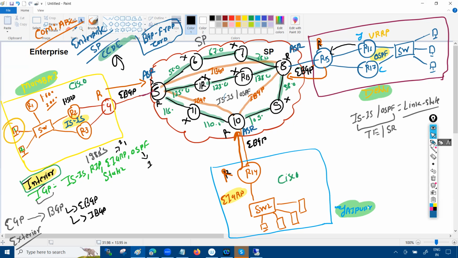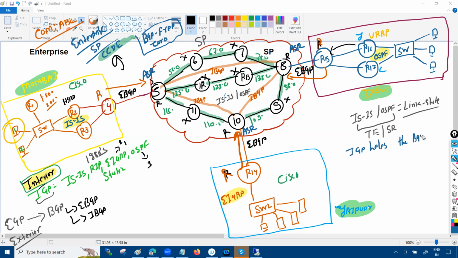Try to understand one thing over there. IGP helps the BGP protocol to provide reachability of the next hop.